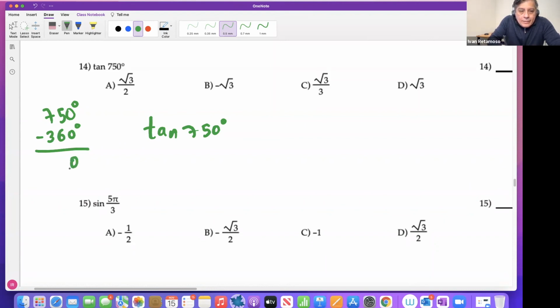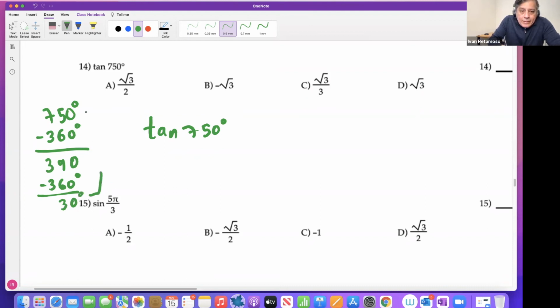This is going to be 0, this is going to be 9, this is going to be 390. But now this 390 is still bigger than 360, so subtract again 360. You can take away these full revolutions as many times as you wish, and the result is always a coterminal angle. Look, I got 30 now, better, right?